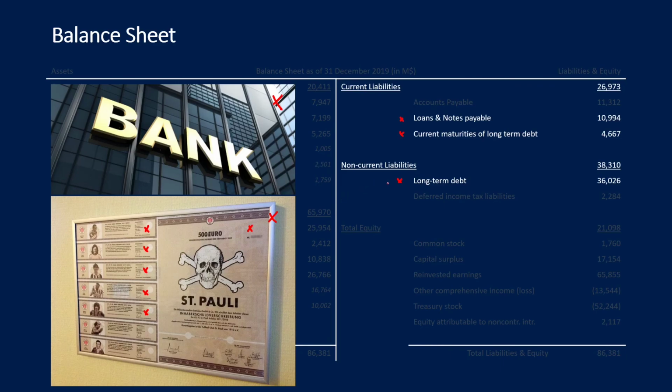As soon as long-term debt is coming into its last year, so if long-term debt is due in less than 1 year, it will be shown here under current maturities of long-term debt. The debt that is short-term in nature, even in the beginning, is shown here under loans and notes payables.